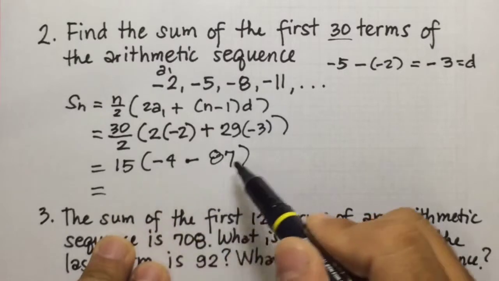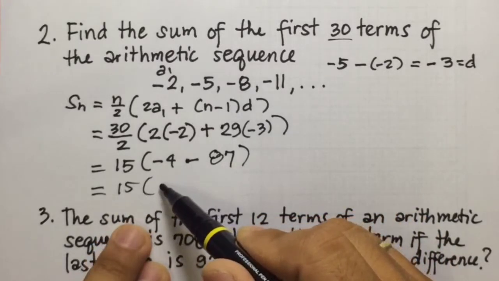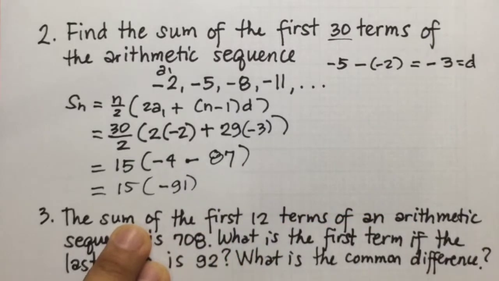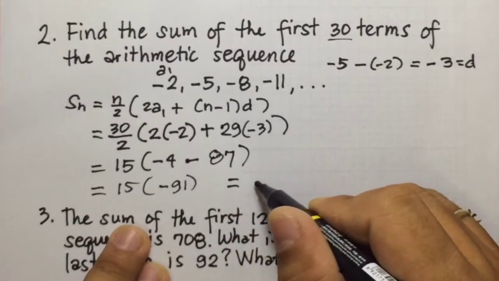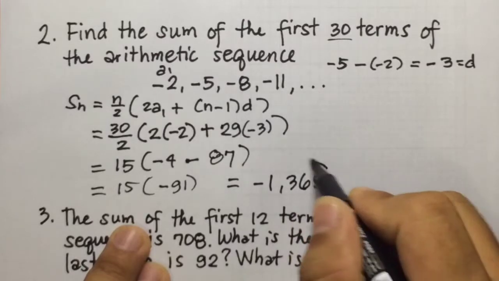Then negative 4 minus 87, this is negative 91. Then 15 times negative 91 is equal to negative 1,365. So this will be our answer here.